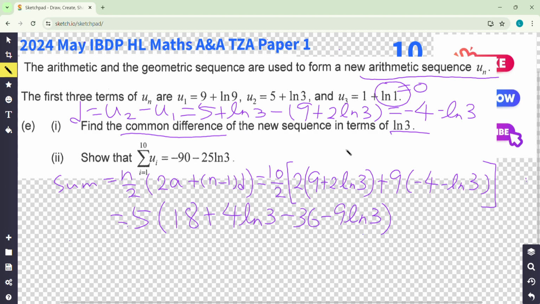Did I do something wrong? Okay, no problem. It seems that everything is good. So negative 18. 4 minus 9, negative 5 log 3. Yes, we still have a 5 multiplication, so negative 90. Excellent. Negative 90, 5 log 3.